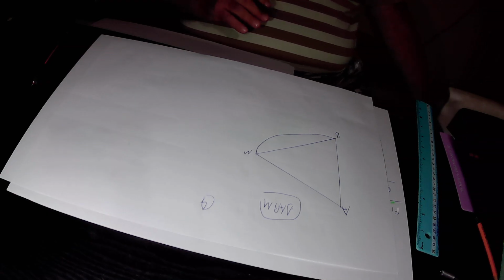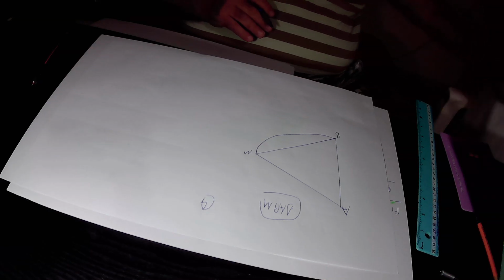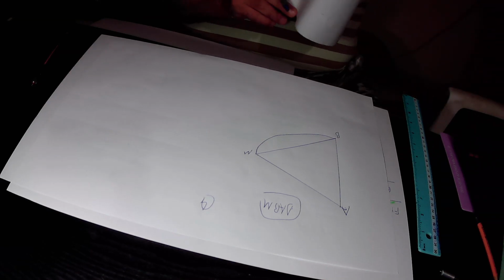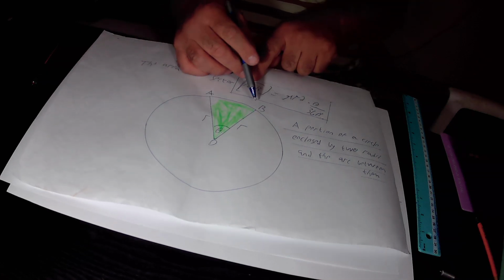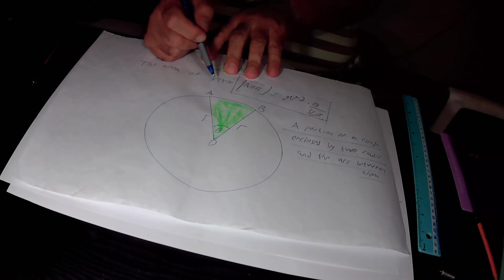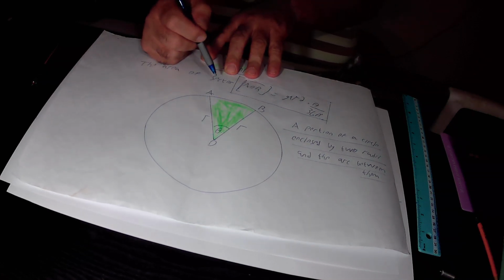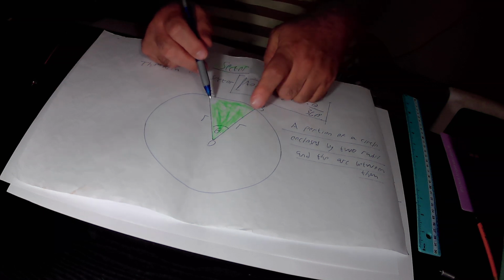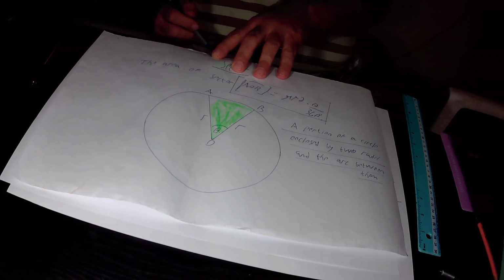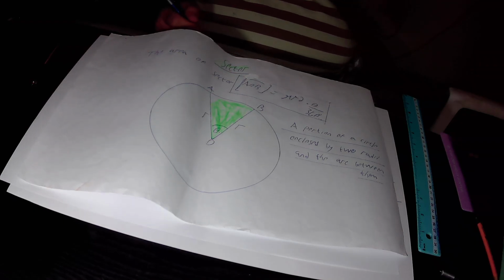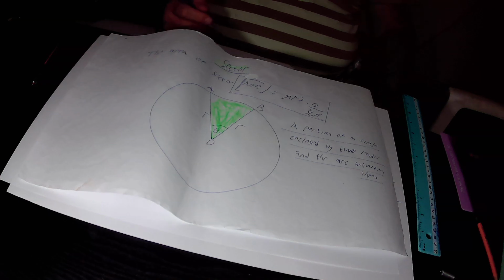But first of all, what is a sector? A sector is a portion of a circle enclosed by two radii and the arc between them. So what is the area of this sector AOB?